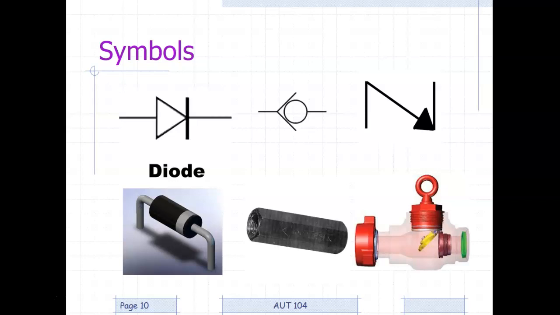However, if my flow tries to reverse, it pushes the ball into the socket and no flow will come through. And then lastly, this is another type of check valve, one that you can actually see. Again, it's all about flow staying in one direction, not reversing.